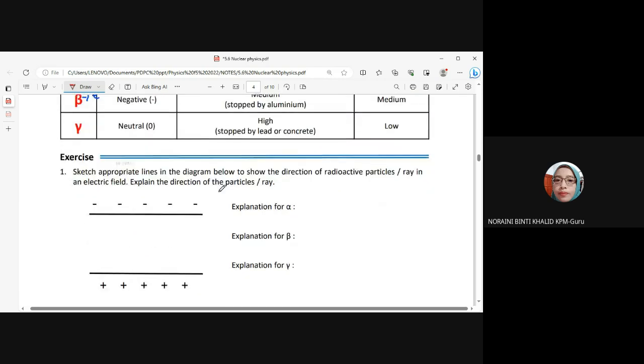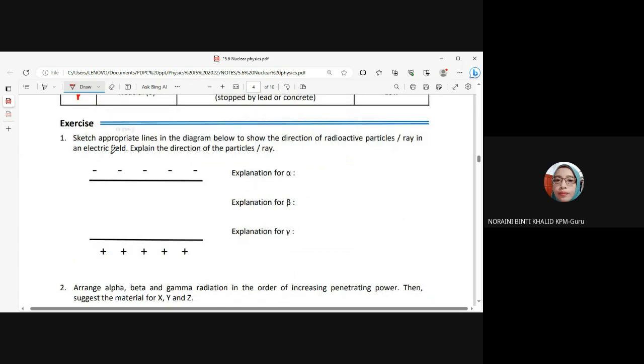Okay, exercise. Sketch appropriate lines in the diagram below to show the direction of particle or ray in an electric field. Explanation for A. You can see this is an electric field, which means this plate is connected to a positive terminal and this plate is connected to a negative terminal.